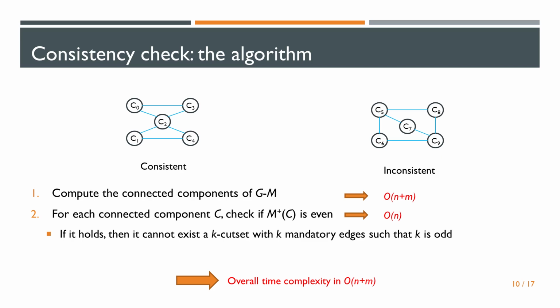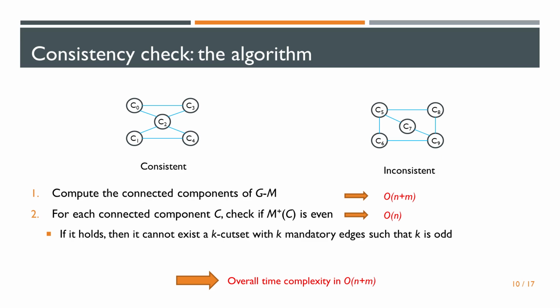So if point 2 is valid, then there is no k-cutset such that k is odd with k mandatory edges. Checking each connected component is in order n, so the overall time complexity is linear. We have an example where we merge the connected components C0, C1, C2, C3, C4. That is consistent since we can see that each node has an even number of outgoing mandatory edges.